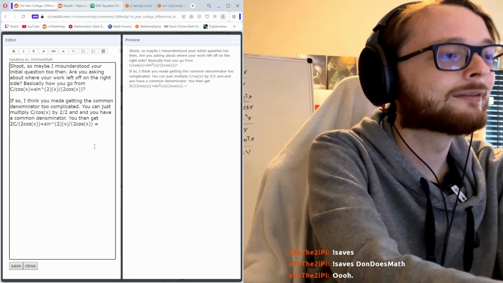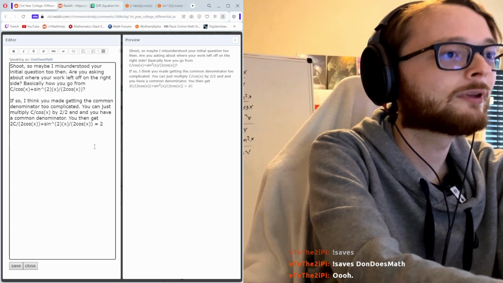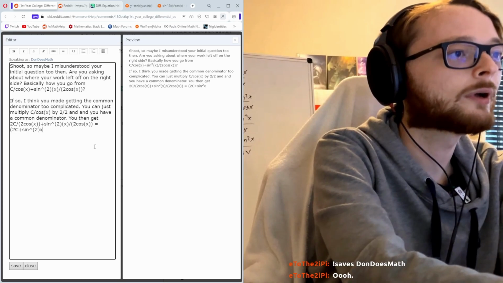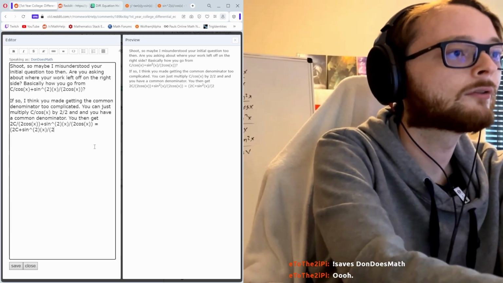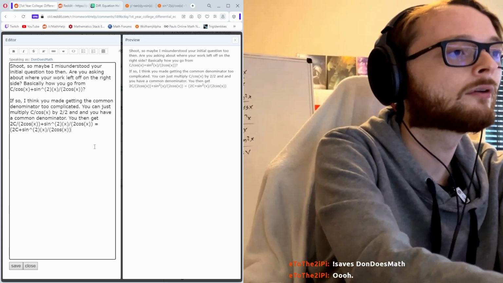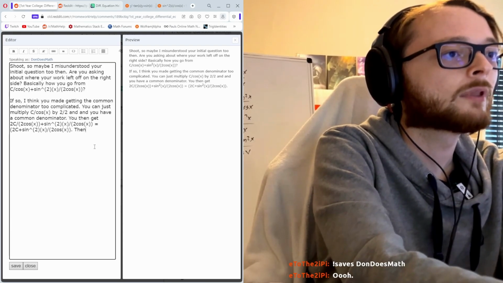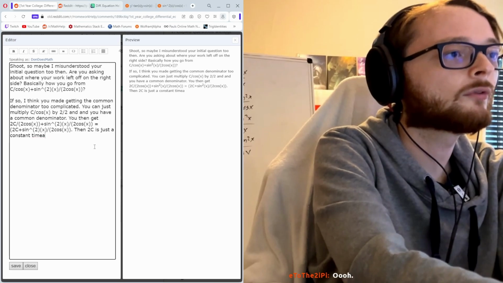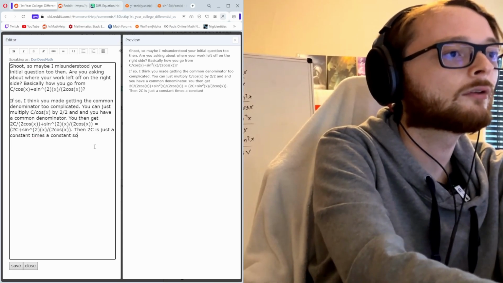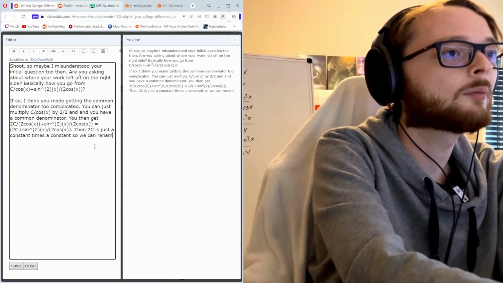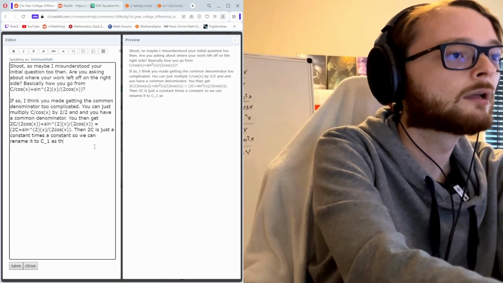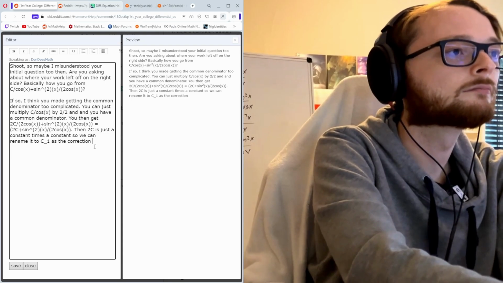Equals 2c, oops, 2c plus sine squared x over 2 cosine x. Then 2c is just a constant times a constant, so we can rename it to c sub 1, as the correction did.